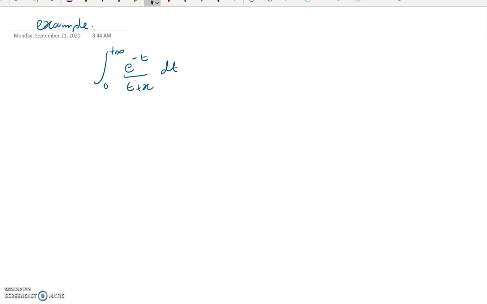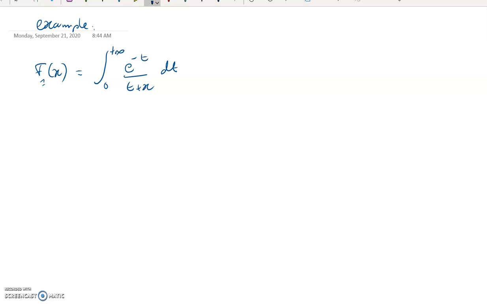Here you notice that the integration is with respect to the variable t, so x acts like just a constant in terms of integration, but the result is going to depend on x. So this is how I'm going to define some function f1 of x.